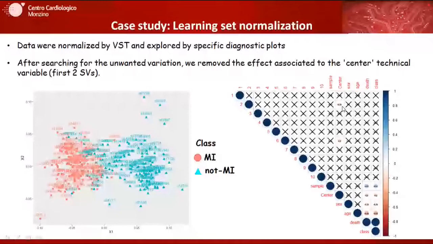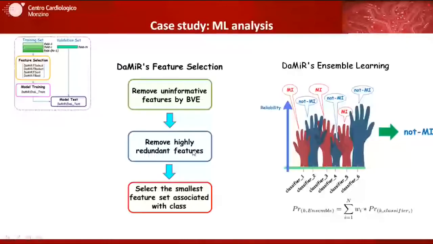Regarding the feature selection and the classification step, in DaMiRseq we have two custom implementations. The feature selection is performed in 3 consecutive steps. First of all, we remove the uninformative features by a backward variable elimination. Then we remove the highly correlated features. And finally, we select the smallest feature set associated with a class.